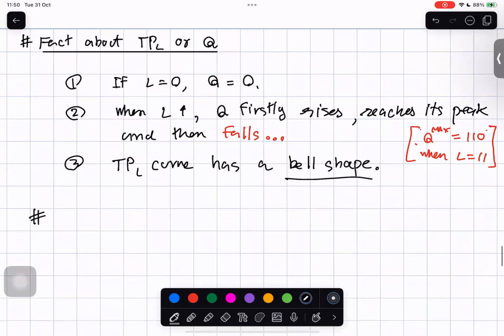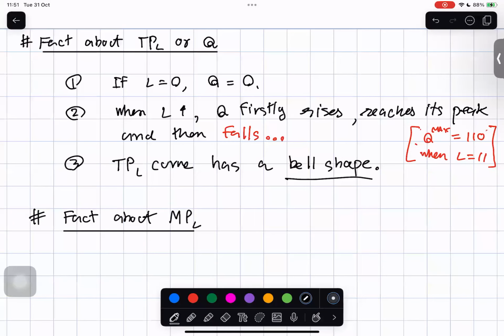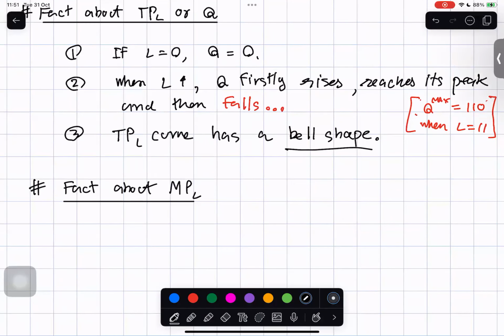Next. Next is a fact about marginal product. Marginal product.